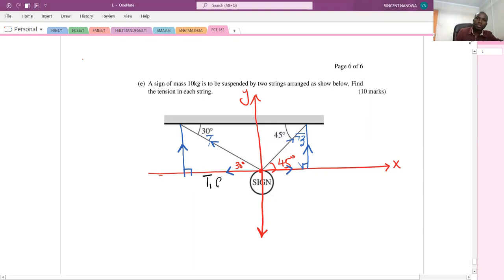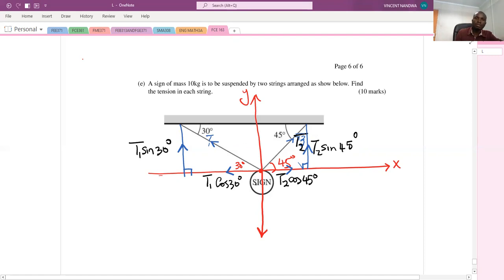This adjacent will be T1 cosine of 30 degrees. This will be T1 sine of 30 degrees. This will be T2 cos of 45 degrees. This will be T2 sine of 45 degrees.